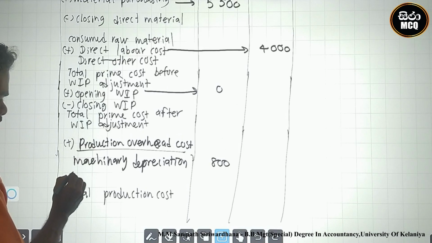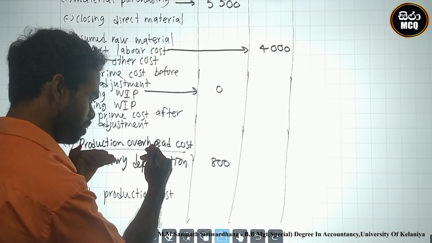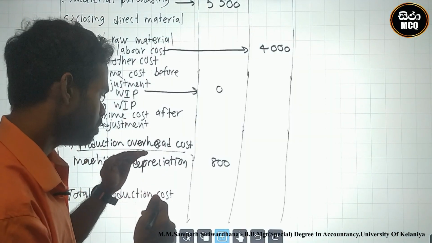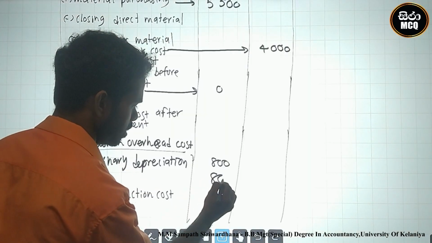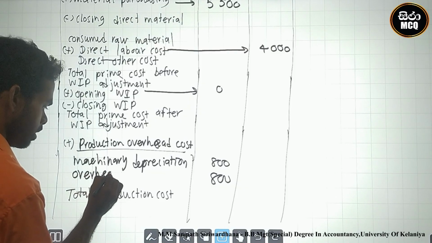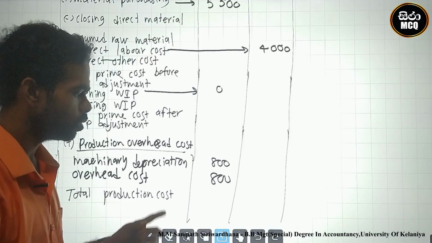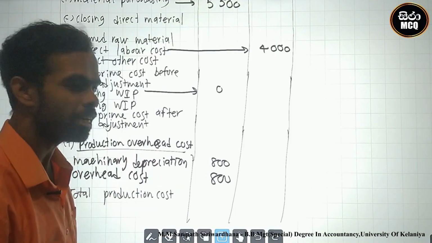Depreciation is a separate item. Without depreciation, we can identify another overhead cost of 800. This 800 does not include depreciation expense, so depreciation is separately identified.